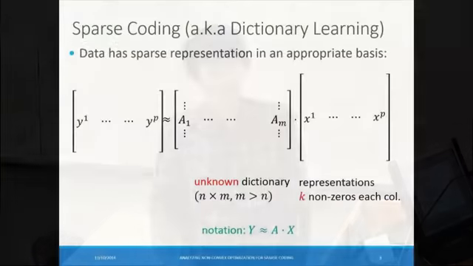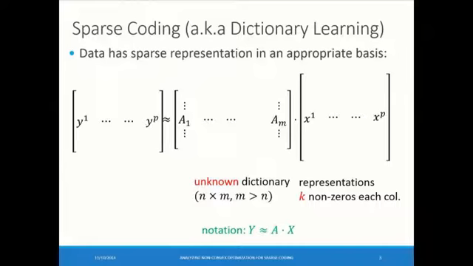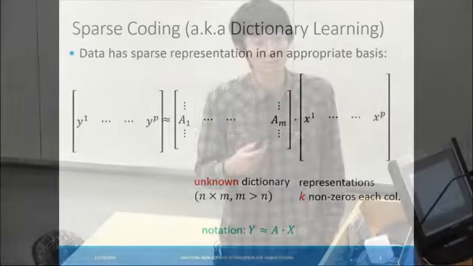Then my data is a matrix, and I'm going to decompose this matrix approximately into the product of two matrices: one is a dictionary, and the other is the representations. Each column of the representation matrix has at most k non-zeros. Sometimes I use capital A, capital X for the representation matrix and capital Y for the data matrix, just as notation.